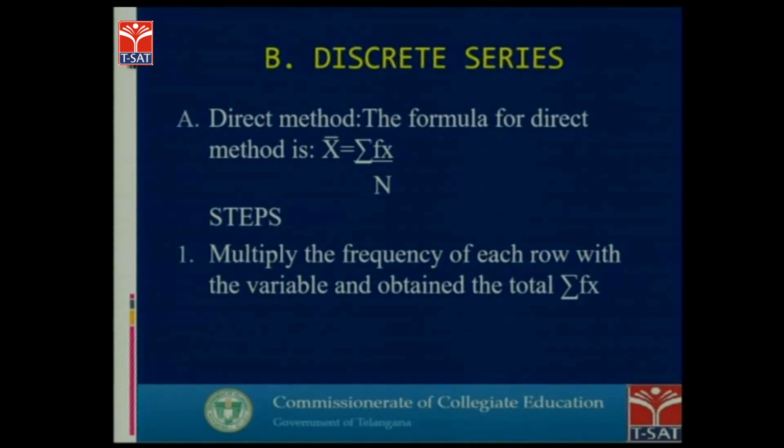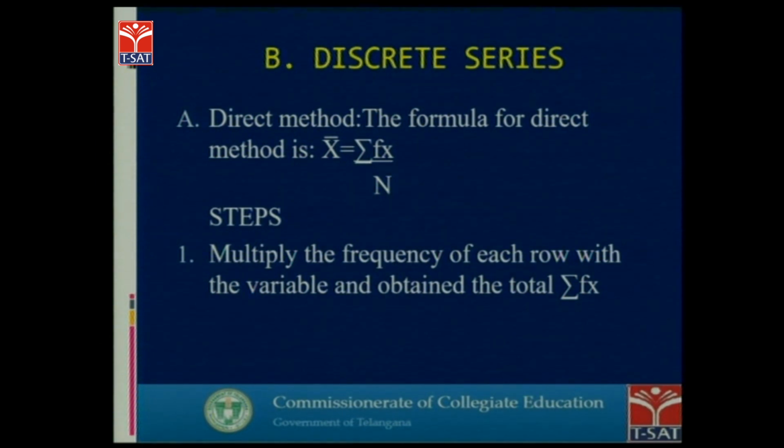So now let's go to discrete series. The steps for calculating mean in discrete series are, first we have to multiply the frequencies with the x value and obtain sigma fx. After that we have to divide sigma fx by the number of observations.